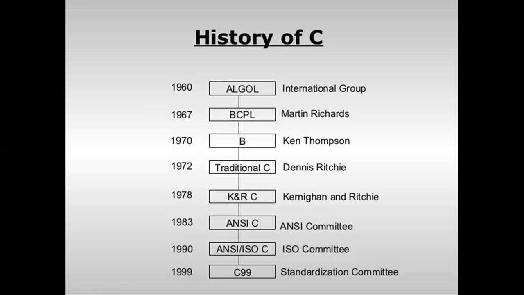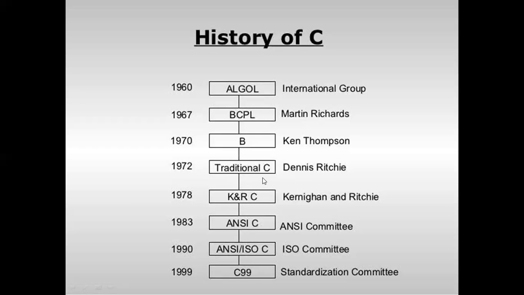And eventually, in the year 1972, traditional C. It was known as the traditional C language, which was developed by Dennis Ritchie. So this is the main one, where C language was actually developed by him.